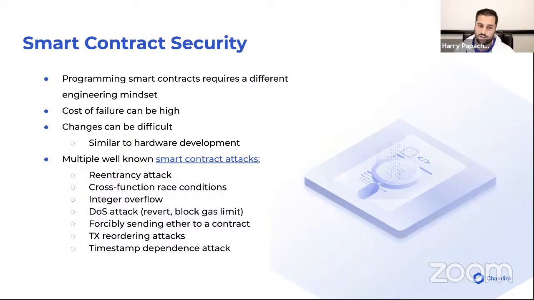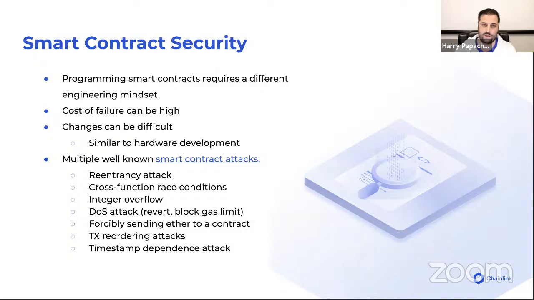In terms of the life cycle, smart contracts could be thought of as more like hardware than software. In software, if there's an issue, you can release a patch, or easily fix it and send it out as an update, and people can get the update easily that way. But with smart contracts, you can't do that unless you program it into the smart contract itself for it to be upgradable. And that's a topic for a whole other talk.